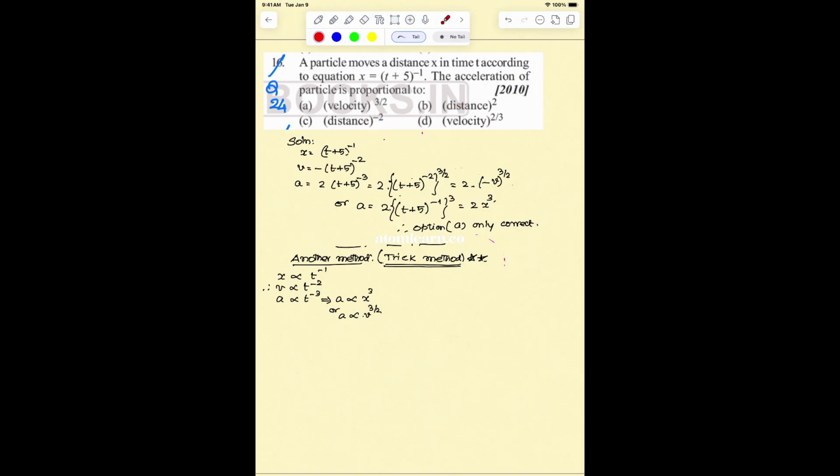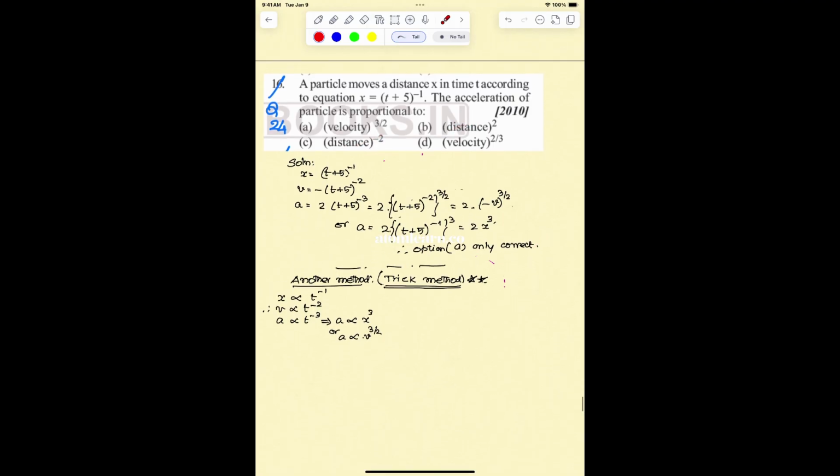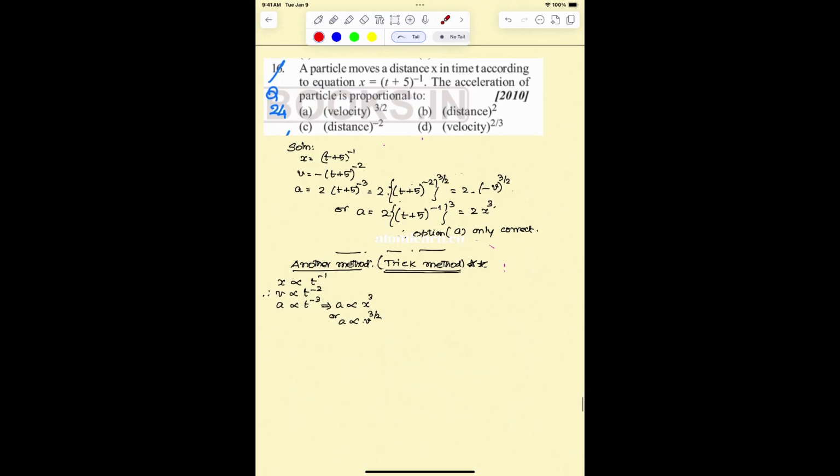Now in this particular case, I want you to understand one more trick. As long as they are asking for proportionality only, and they don't want to know the actual expression or actual function. For example, if they ask for the actual function, then you can write acceleration as a function of velocity like this, or if they ask about the function of displacement, you can write this.